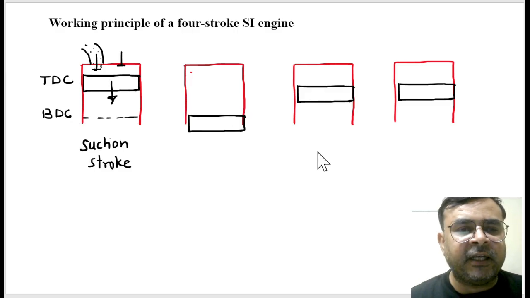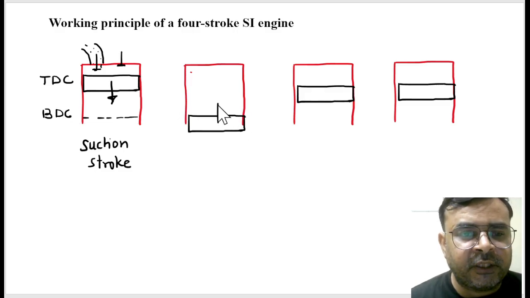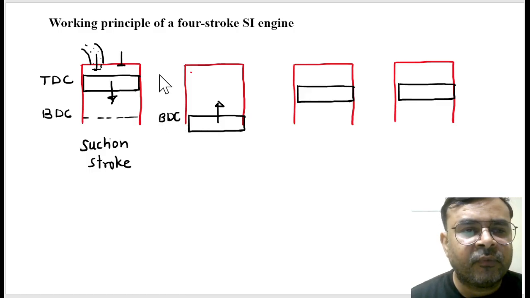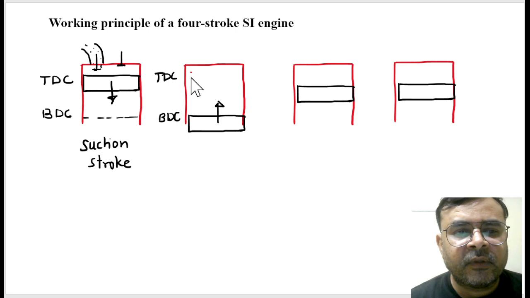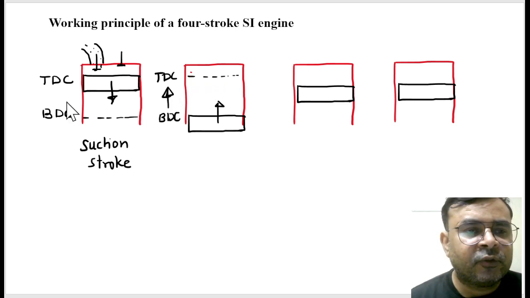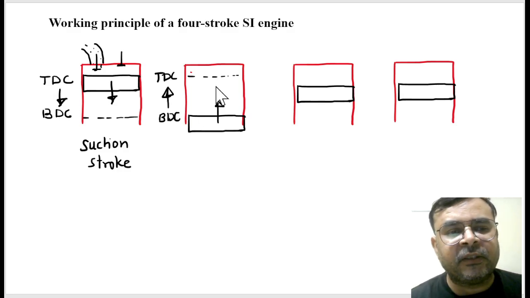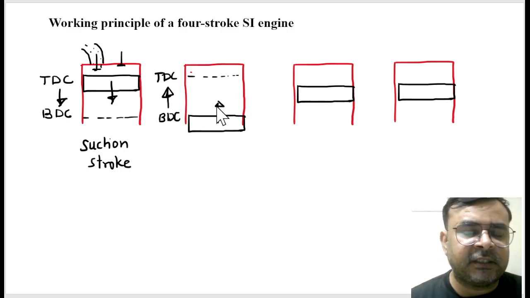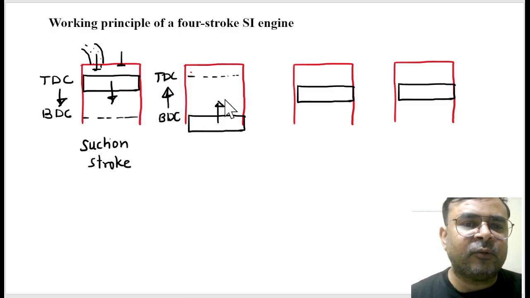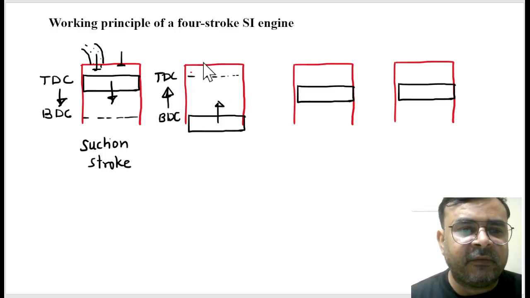After that, the piston again approaches TDC from BDC along this direction. The cylinder is completely filled with charge, and both valves are closed at this position: inlet valve closed and exhaust valve closed.